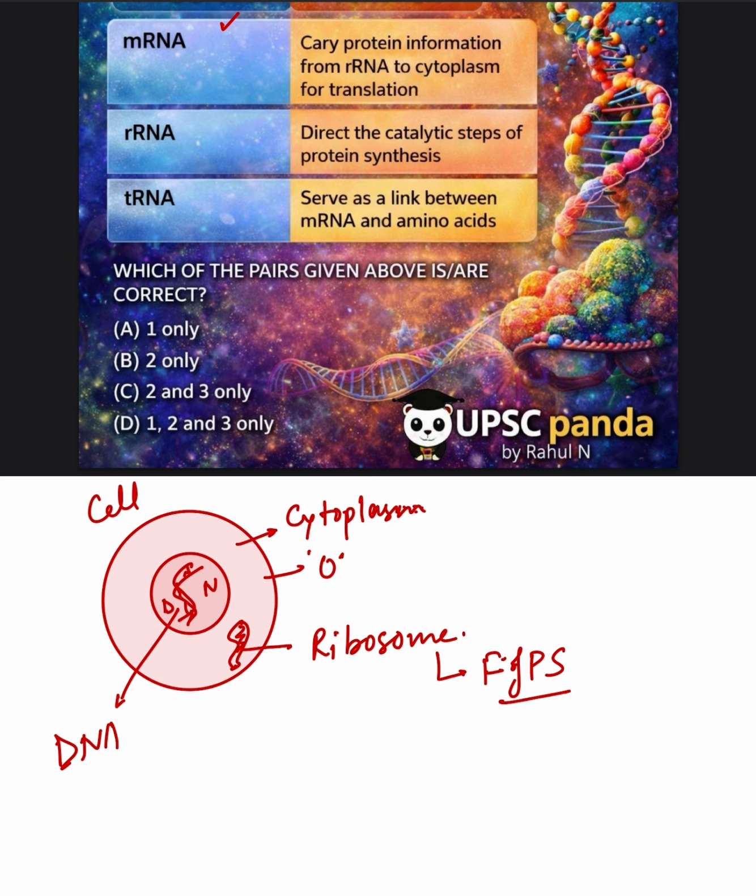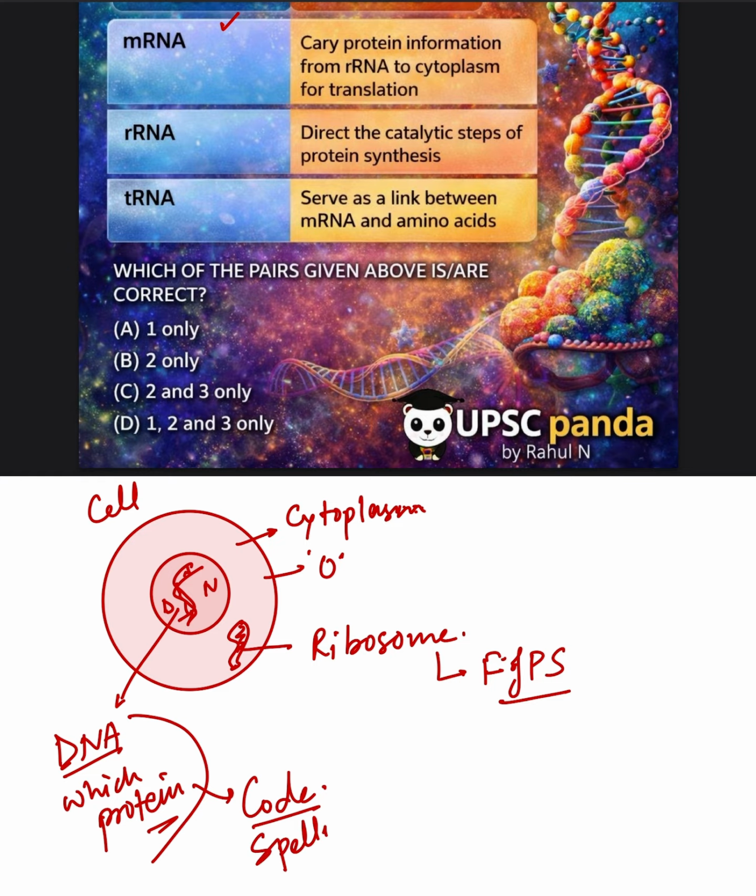So DNA decides which protein will be synthesized. So DNA has some code. You can understand that this is the spelling, and this spelling will tell what will be the pronunciation and what will be the manifestation.